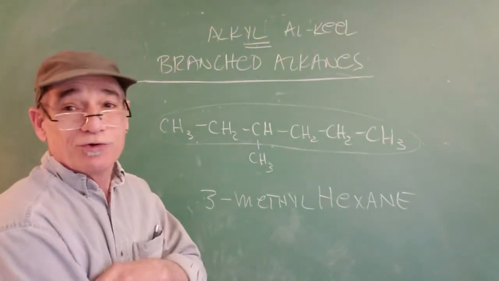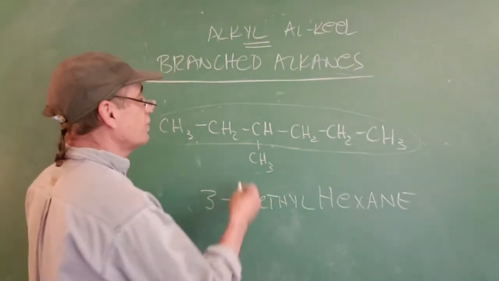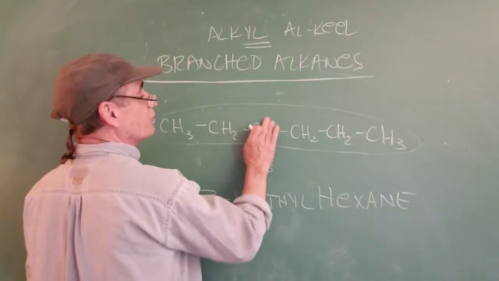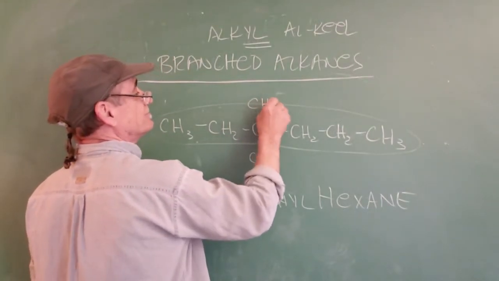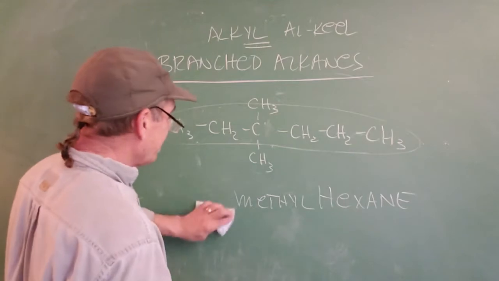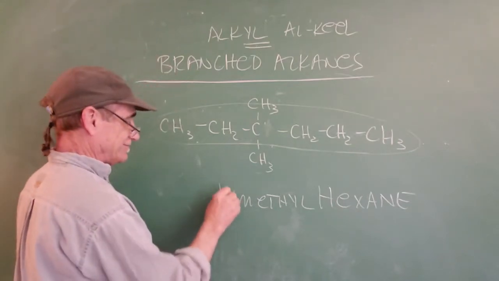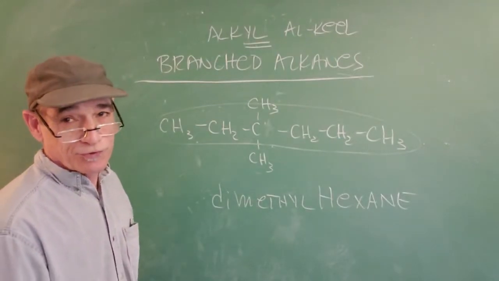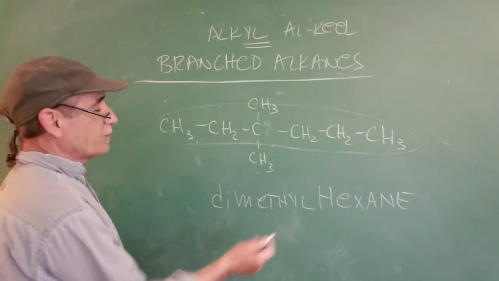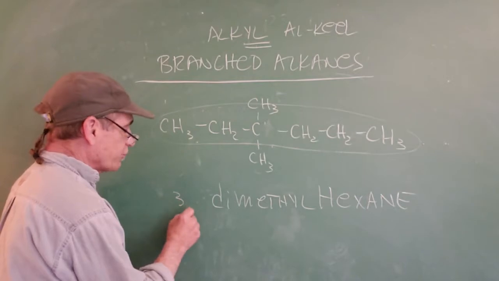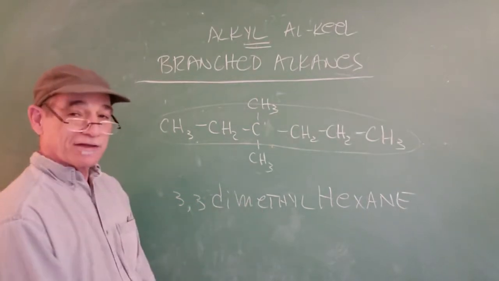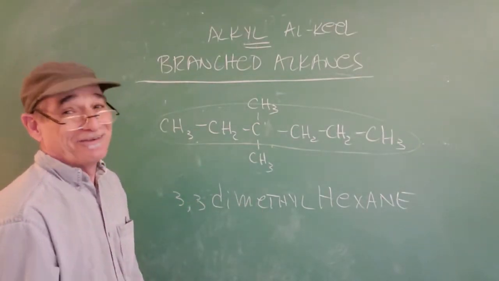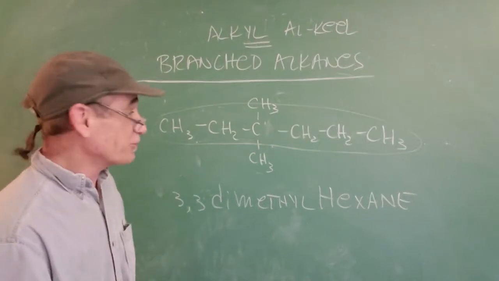And what if there are 2 methyl groups? Say there's another methyl group here. Well, let's call that dimethyl. But now we have a responsibility. We've got to say where both of the methyl groups are. We can't just say 3-dimethyl. It's got to be 3,3-dimethylhexane, because we have to give an address to each of the methyl groups.